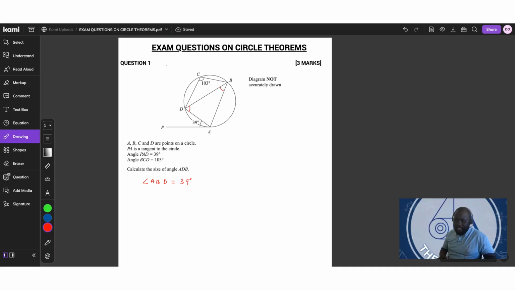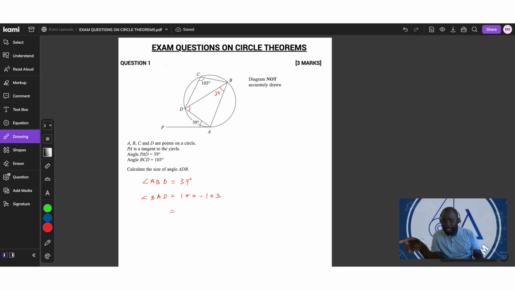So if ABD is 39 degrees, then I have already solved a part of this. There's a second angle I can easily solve, that is angle BAD, to finish this triangle. Now angle BAD is going to be equal to 180 minus 103. So again, we are not writing our reason.